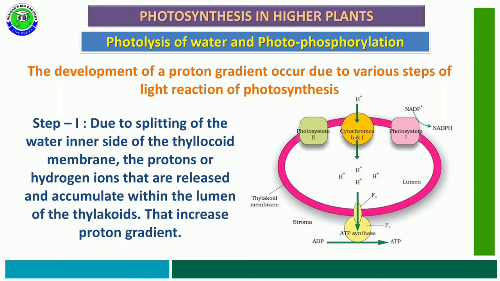In step 1, the water molecule undergoes splitting in the presence of sunlight, and inside the thylakoid lumen H+ ions are released from water and accumulated in the lumen. These accumulated H+ ions increase the proton concentration in the lumen compared to the stroma. So it is the first reason for the development of the proton gradient in the lumen.